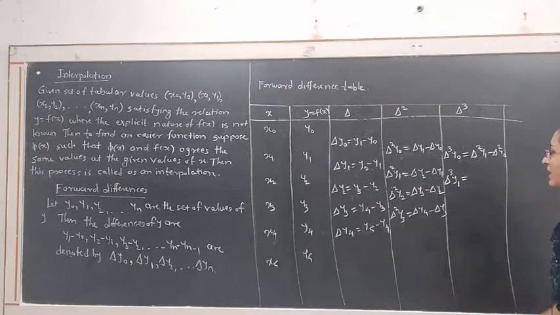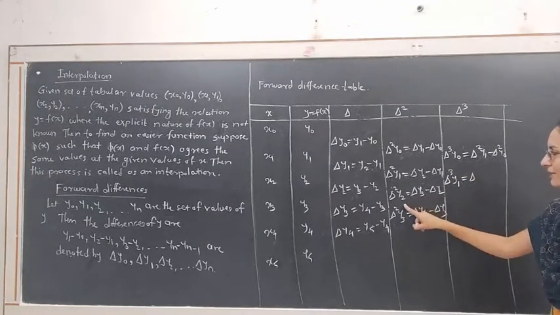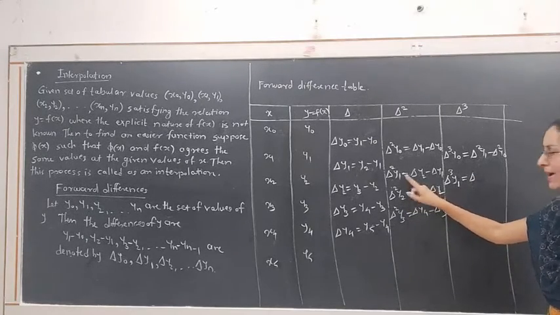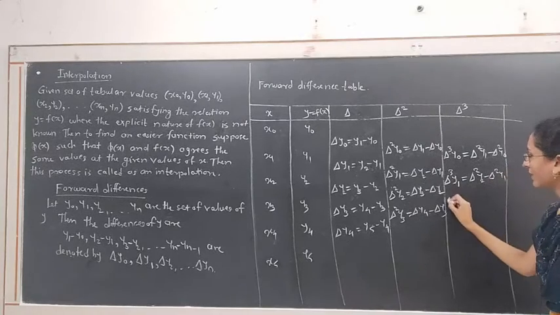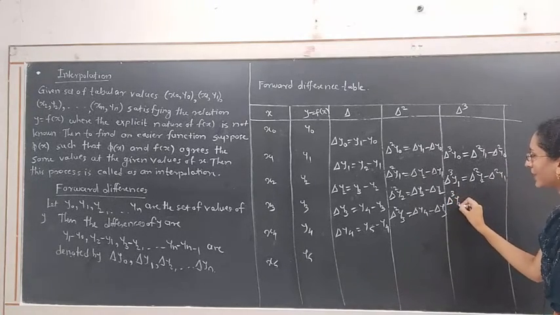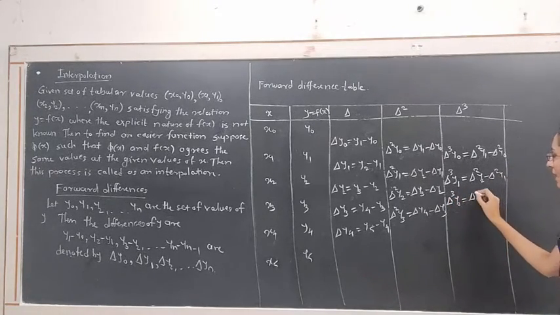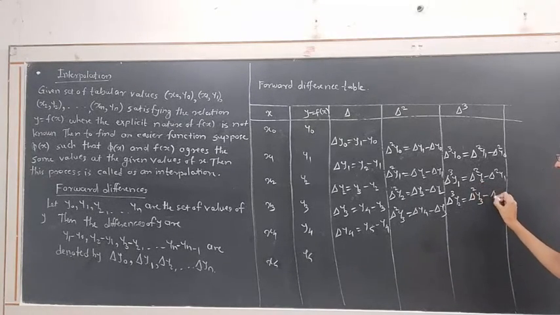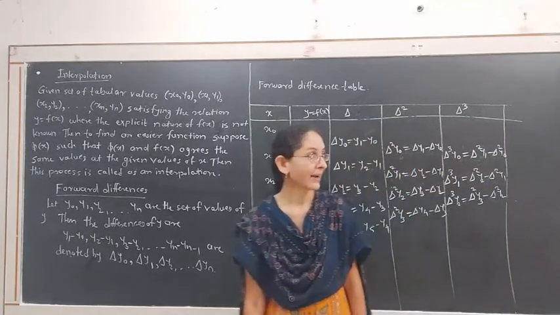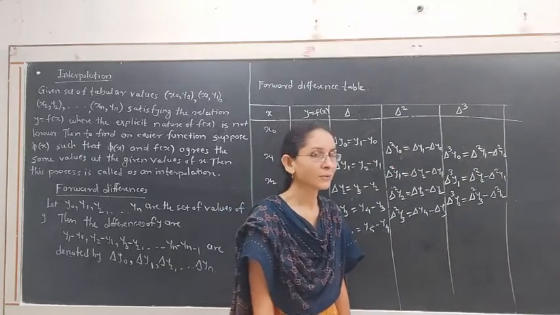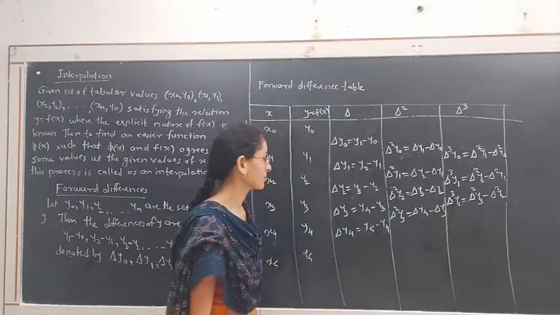Del cube y1 is equal to del square y2 minus del square y1. Next is del cube y2 is equal to del square y3 minus del square y2. In the next column we get fourth order forward differences, and in the last column we will get fifth order forward differences.